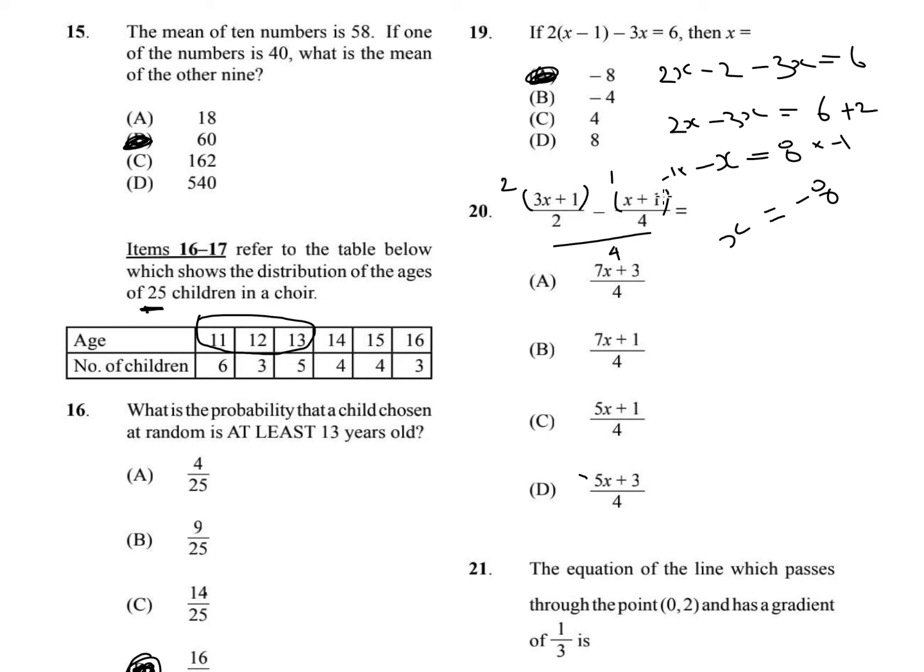So we multiply across. Here we want to say 2 times 3 is 6x plus 2 times 1 is 2. 1 times x is x plus 1 times 1 is 1.